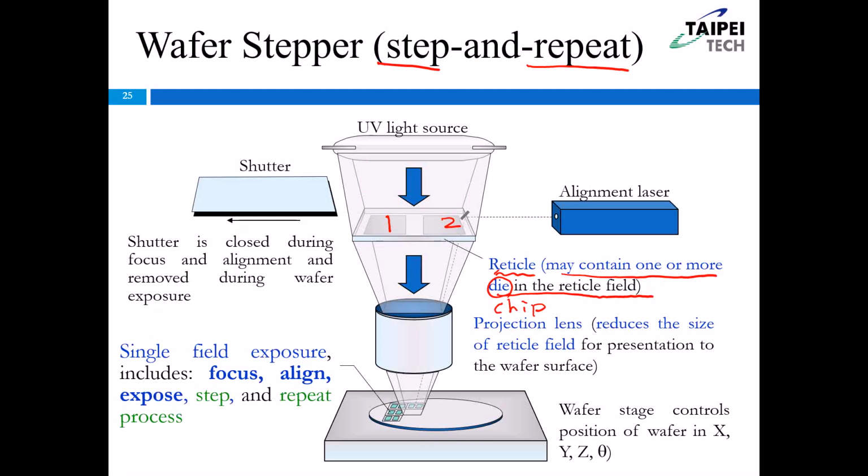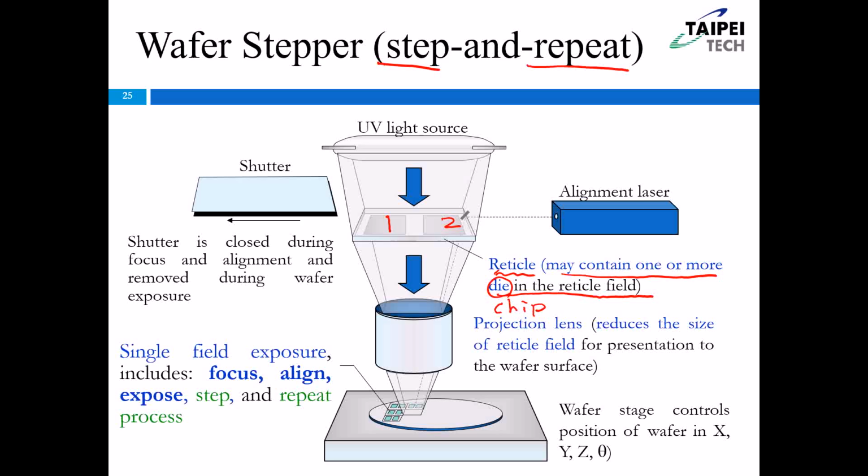So you see, for this 12-inch silicon wafer, if we have 300 chips, it means for one exposure, I can only expose 2 chips, right? So it requires at least 150 steps, okay? I need to repeat 150 times, right?